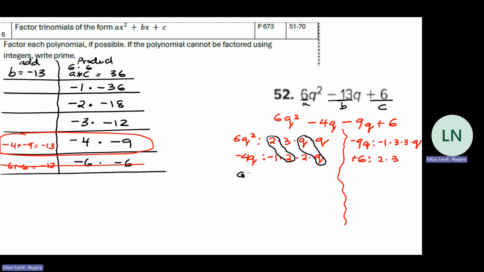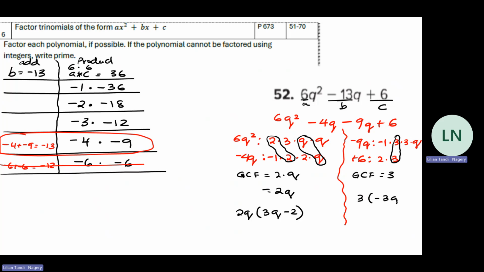So GCF is 2 times q, which is 2q. 2q goes outside. 3q remains minus 2. Here I only have 3. So I will have GCF is 3. 3 goes outside.